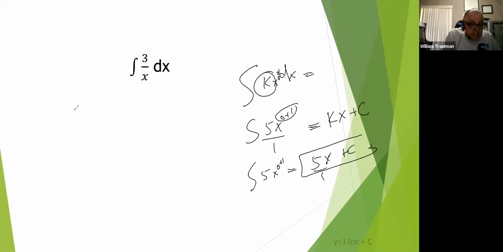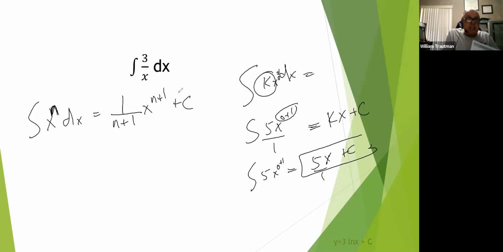The second one on this paper looks like this: x^n dx. This is 1 over n plus 1 times x to the n plus 1, plus c. This is what we said.